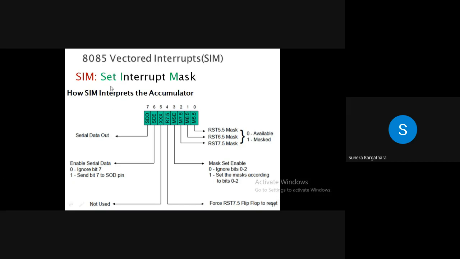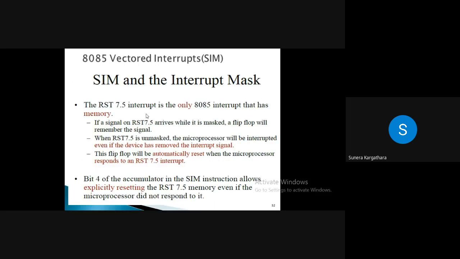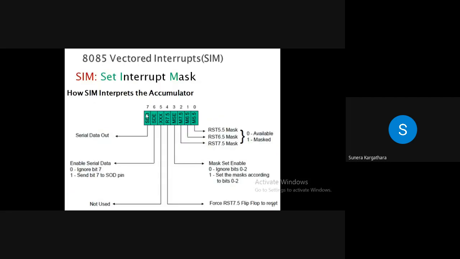Whenever I write the SIM instruction, what will happen? As we know, the purpose of sending an interrupt is to communicate with the processor. So serially data is available on the D7 bit of your accumulator. Again I am repeating, student. The purpose of sending the interrupt is to send some information, and your information will travel in terms of zeros and ones.